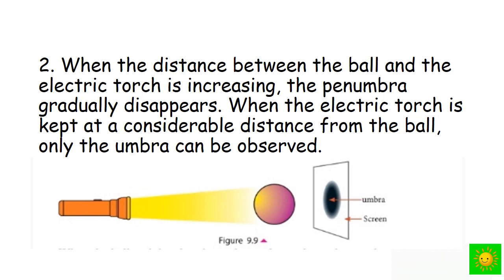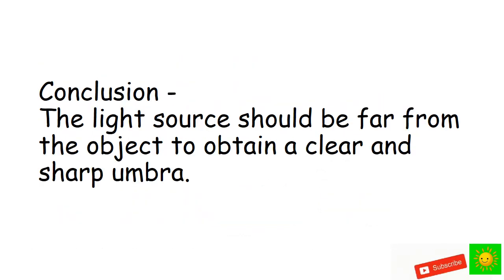When the electric torch is kept at a considerable distance from the ball, only the umbra can be observed. We can conclude at the end of the practical, the light source should be far from the object to obtain a clear and sharp umbra.